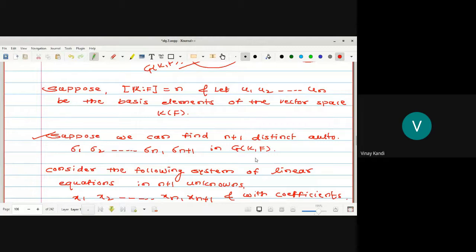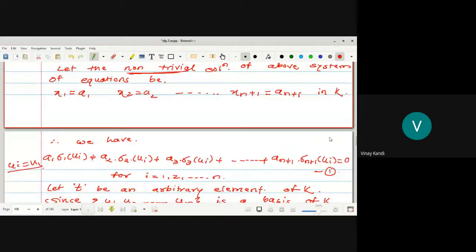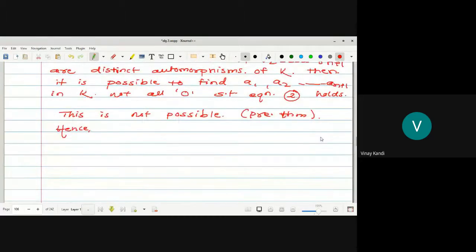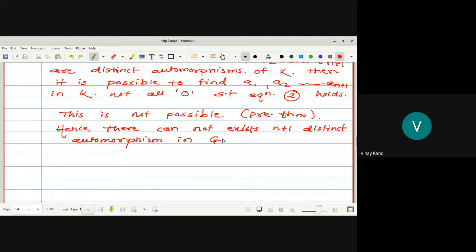This assumption is wrong, because we get a contradiction. Hence there cannot exist n plus 1 distinct automorphisms in G(K/F).